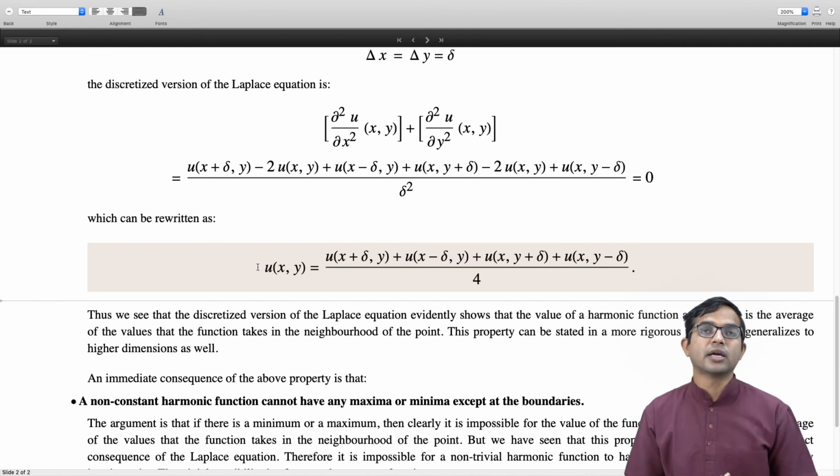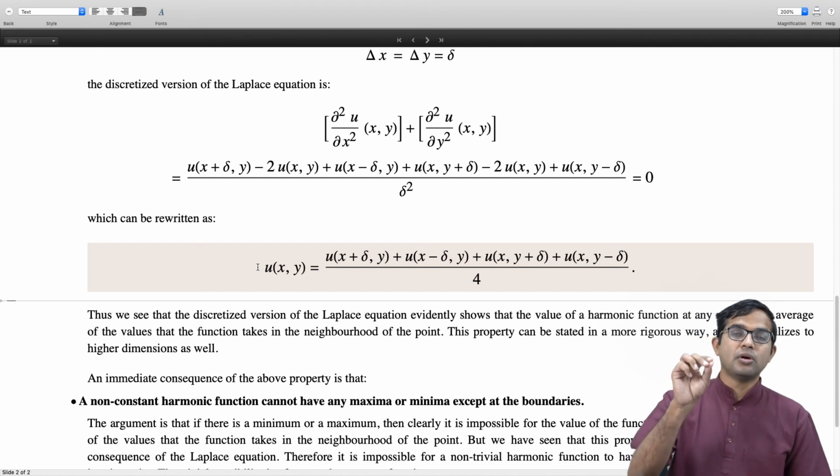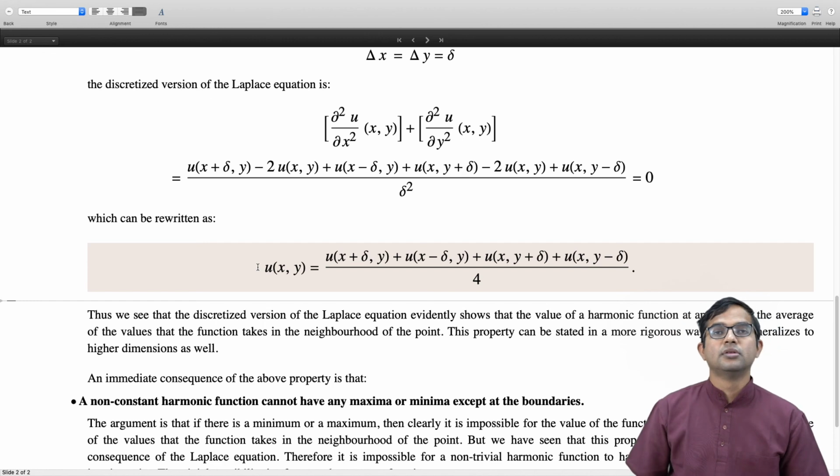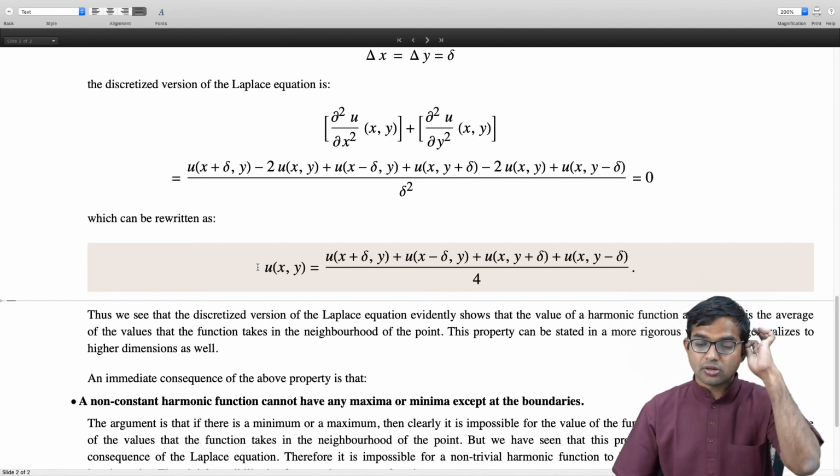Because if it does have a maximum, for example, then the value of this function at that point is strictly greater than the value of the function in all its neighboring points. Therefore, the average of all of these is going to be less than the value of this function at that point. So it cannot satisfy this property.